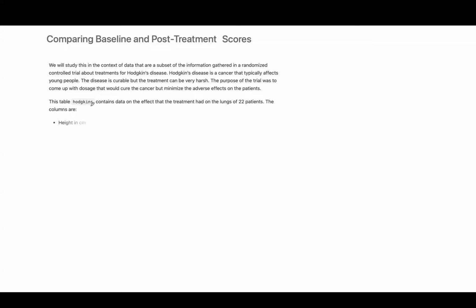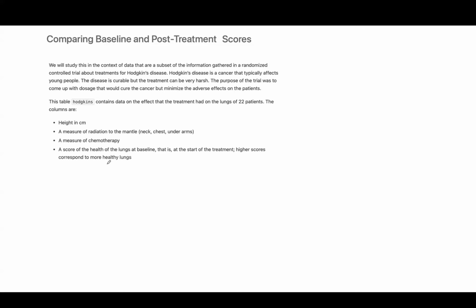The columns are height, a measure of radiation to the mantle, a measure of chemotherapy, a score of the health of the lungs at the baseline, that is at the start of the treatment. Higher scores correspond to more healthy lungs. You have the same score of the health of the lungs 15 months after the treatment.